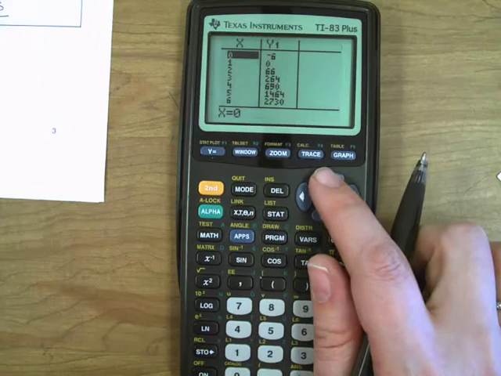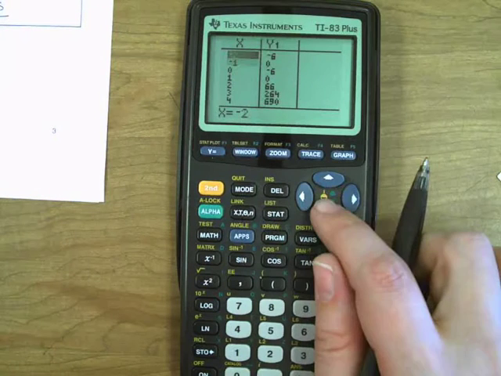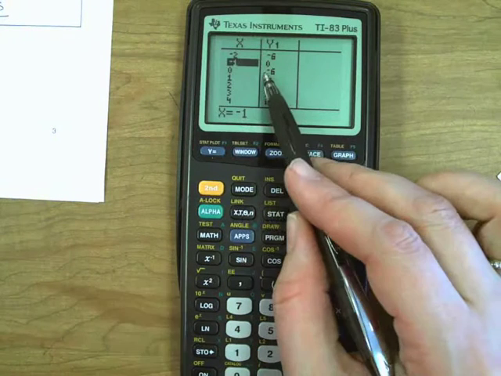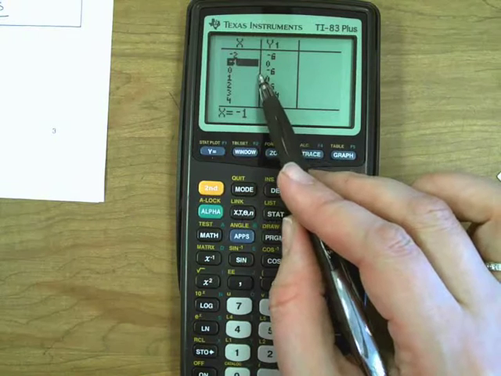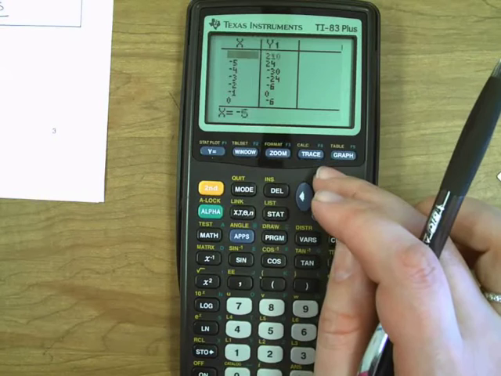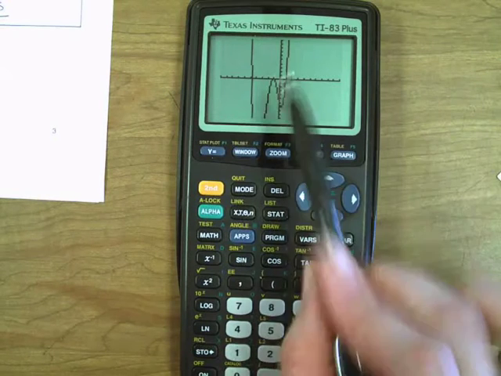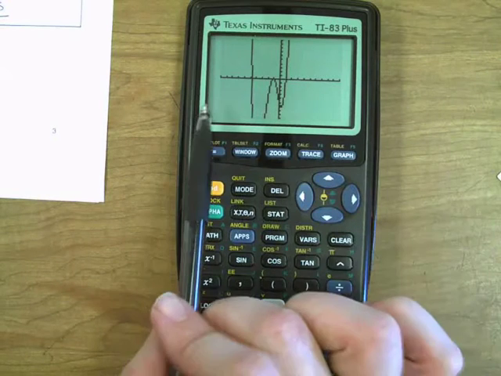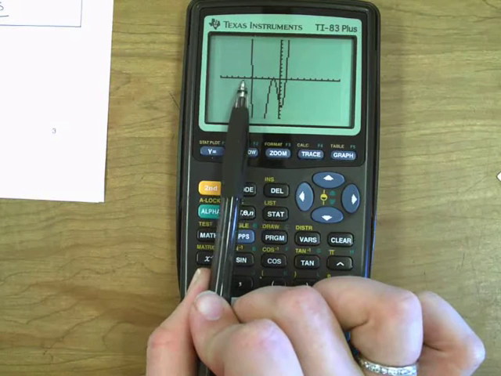So it looks like I definitely see one of the roots at positive 1. Oh, there's another one at -1. And then I'm not seeing another one. So there's 1, there's -1.